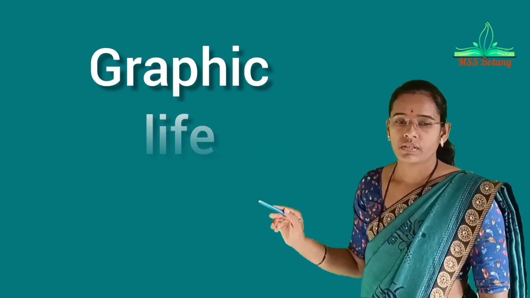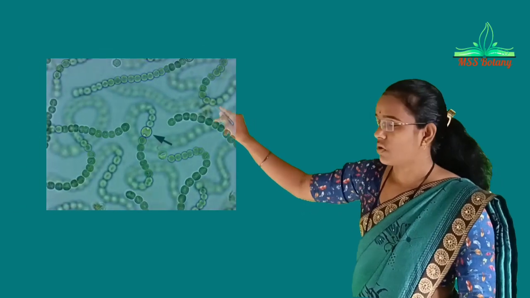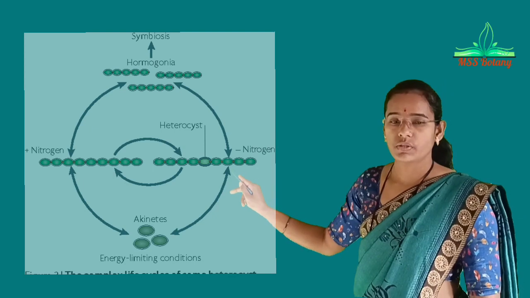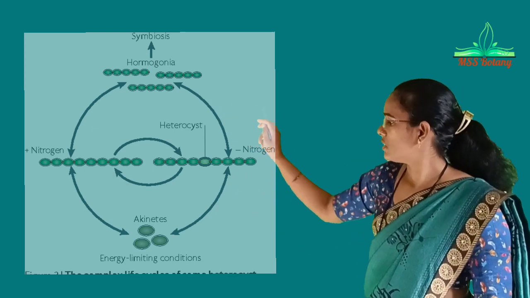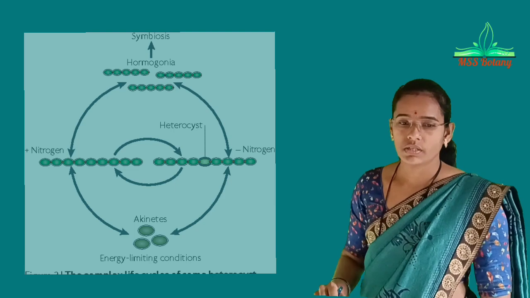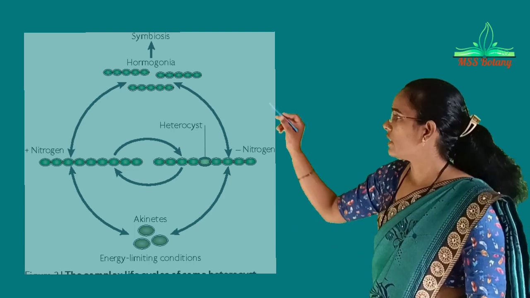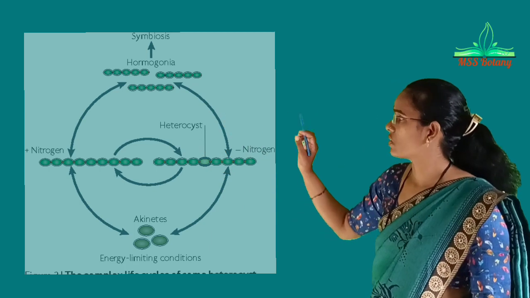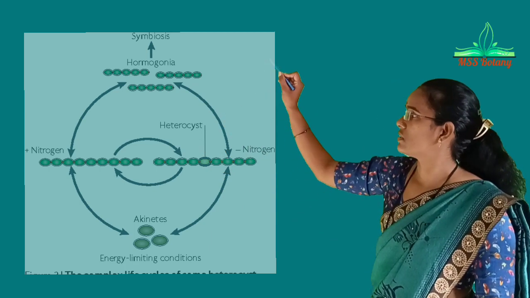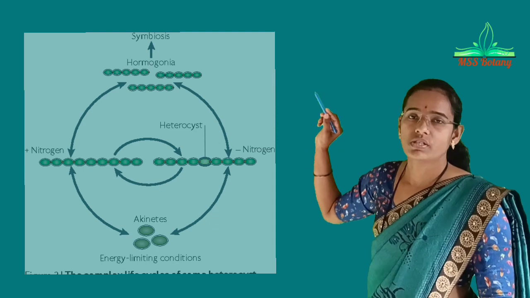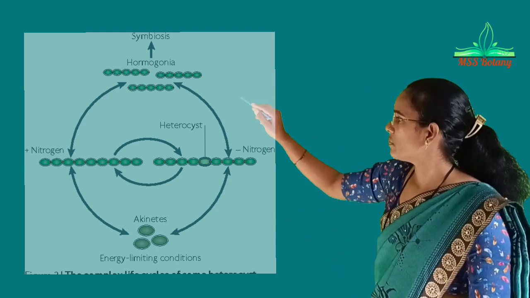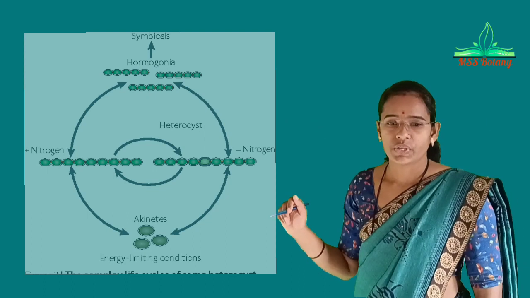Nostoc reproduces with the help of akinetes, hormogonia, and heterocysts. Other reproduction, that is vegetative or sexual reproduction, is absent in Nostoc, hence we didn't mention sexual reproduction.